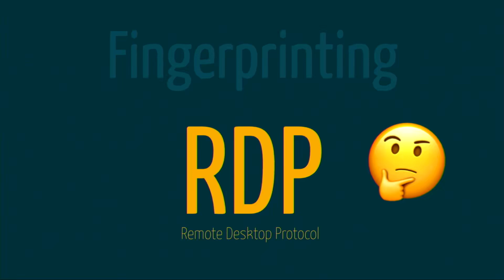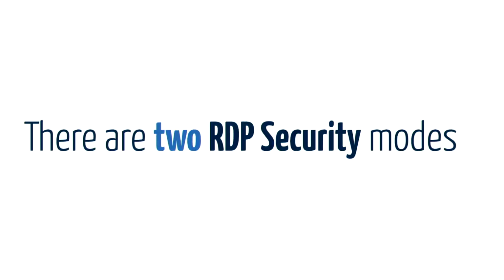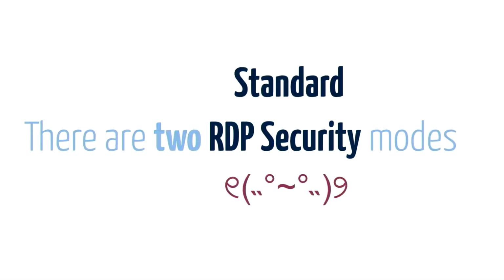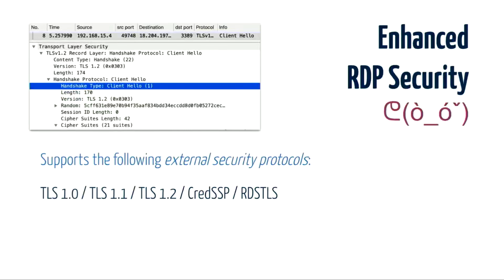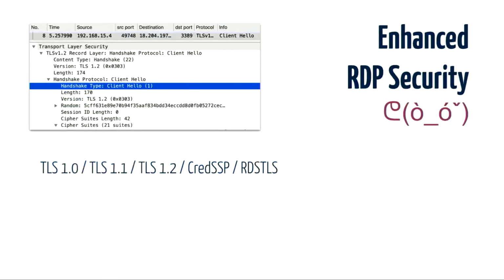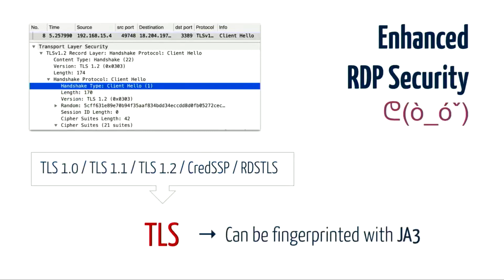There are two RDP security modes, standard RDP security and enhanced RDP security. In enhanced mode, we have the following protocols, and the good thing is all these protocols are based on TLS. So again, we can use something like JA3 to fingerprint them.